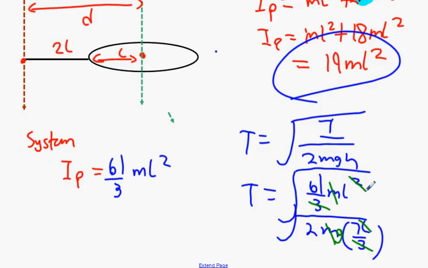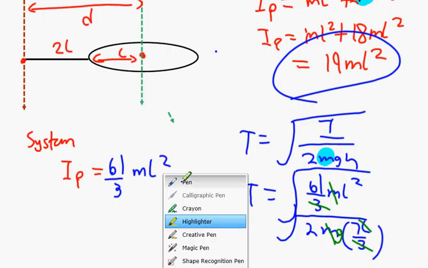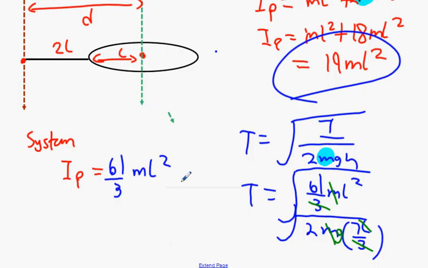Ah, one other mistake, guys. It's always the same mistake. It's not 2m, it's 3m, because it's the entire system's 3m. So please remember to put in your 3 here. Let me rub this out for a second. So what's that going to be? 61 over 6 then?